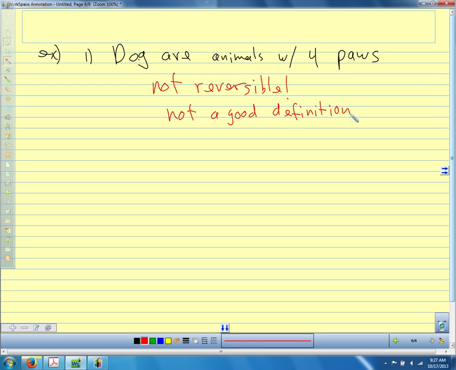If I wrote that biconditional, if I said an animal is a dog if and only if it has 4 paws, what would be my counterexample? A cat. A cat has 4 paws and it's not a dog. So this definition is not reversible.